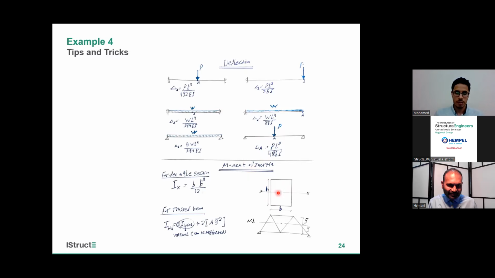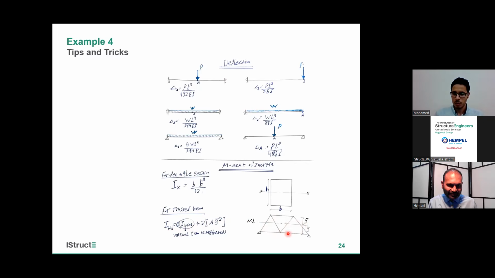For example, for this rectangular section, Ix equals b times h cubed over 12, and also we will have some trussed members or some trussed beams to calculate our deflection. And it's important to know how to calculate this. We calculate about the neutral axis, which will be like this.